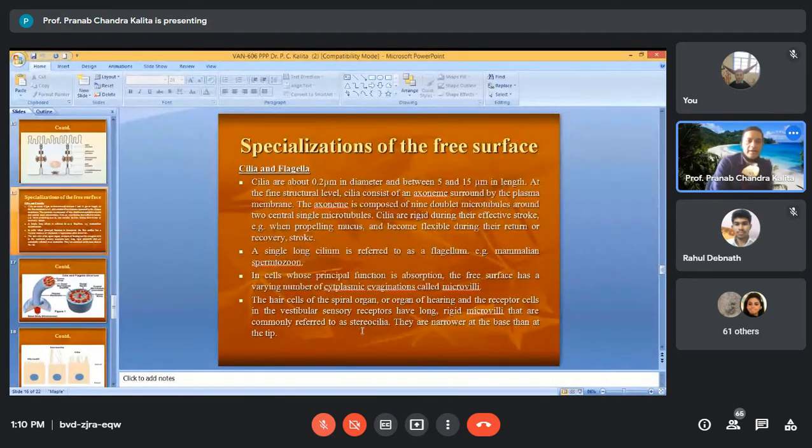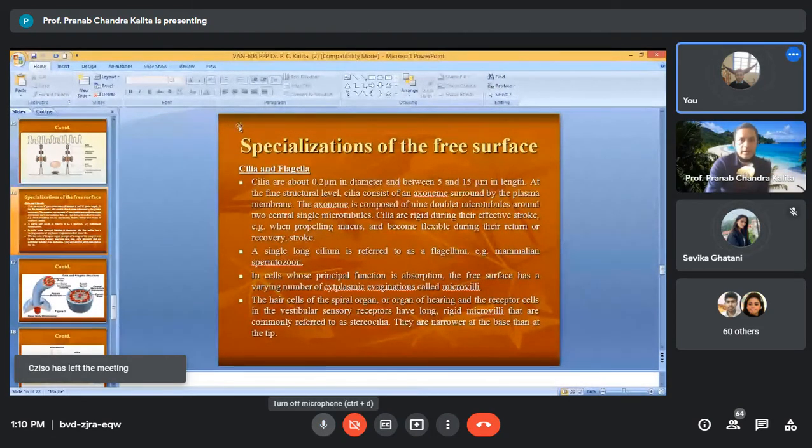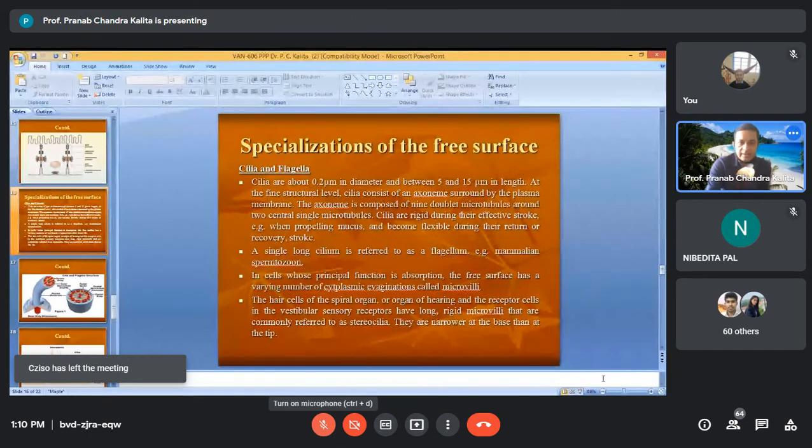Next, after the junctions, we will discuss the specialization of the free surface. Free surface means the apical surface. Have you seen the slide? Suppose this is a cell, in the PowerPoint slide itself.